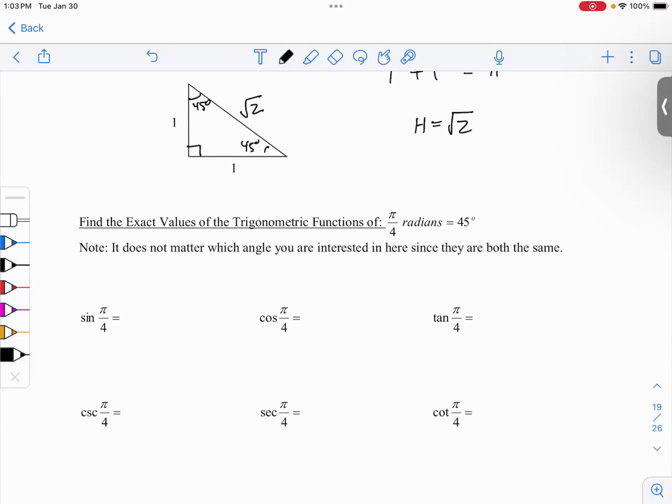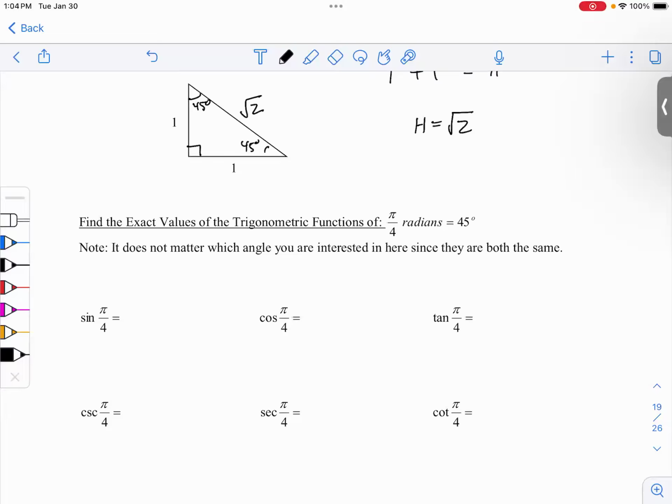From that, I can find the exact values of each trigonometric function for pi over 4 radians, aka 45 degrees. Pi over 4 plus pi over 4 plus pi over 2 is pi, which is 180 degrees.